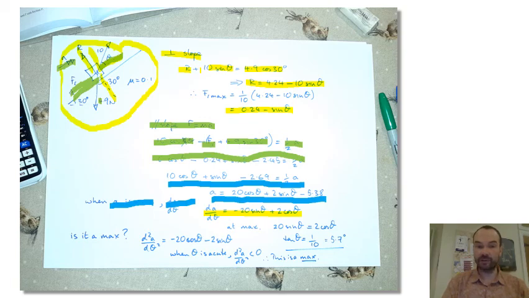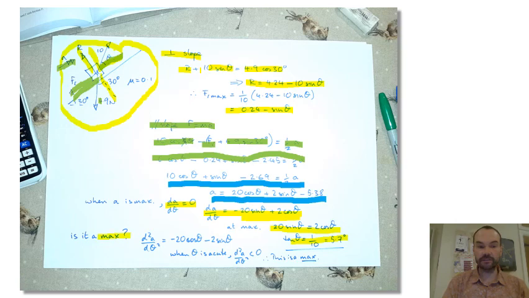At a maximum, dA/dtheta is 0. So if the right-hand side, this bit here, is 0, those two things must be equal. Tan theta is a tenth, which is 5.7 degrees.